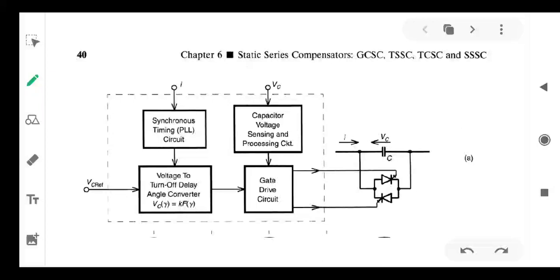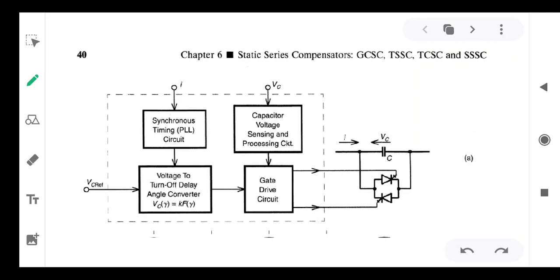In continuation with the previous video, in this video, I will explain the control circuits of GCSC and TCSC, GTO controlled series capacitor and thyristor controlled series capacitors.